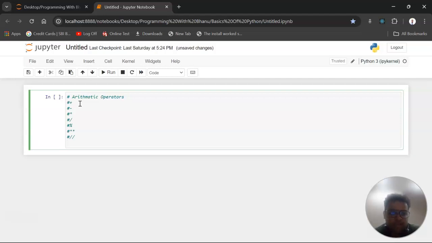So let's see all this in action. Let's assume 3 variables and assign them values.